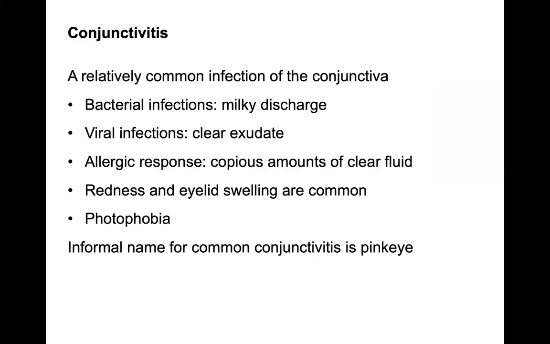Viral infections can cause a clear exudate. You also have allergic response, where copious amounts of clear fluid can be released. Swelling of the eye is common, along with photophobia, and the informal name for conjunctivitis is pink eye.